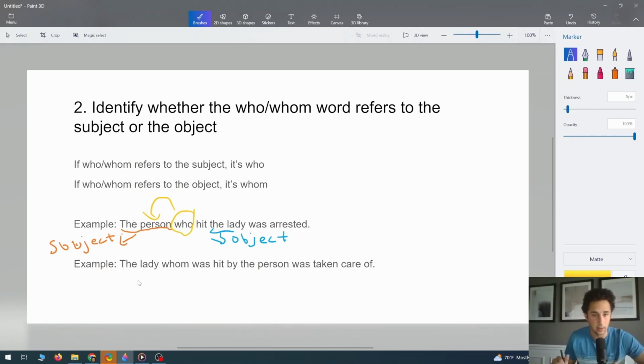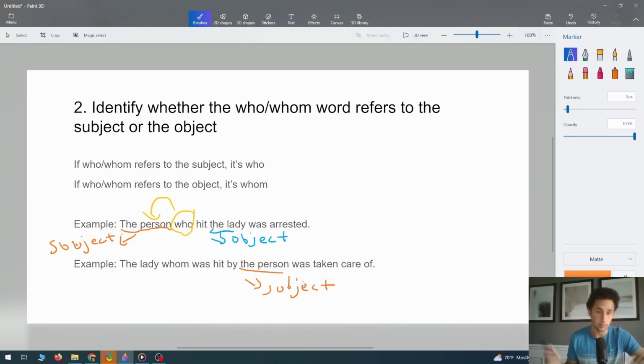Once again, let's identify who's doing the action and who's being done to by the action. So the lady who was hit by the person. So once again, the person is doing the hitting, right? So the person is the subject of the sentence. Now we have the lady who was hit by the person.